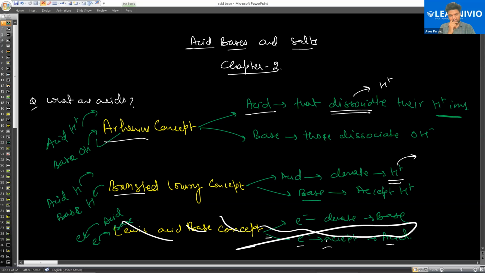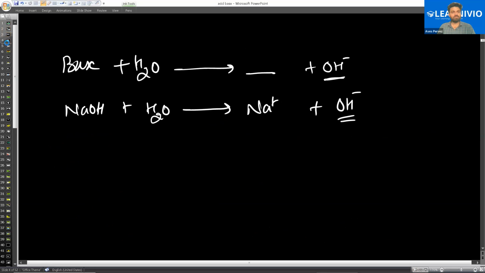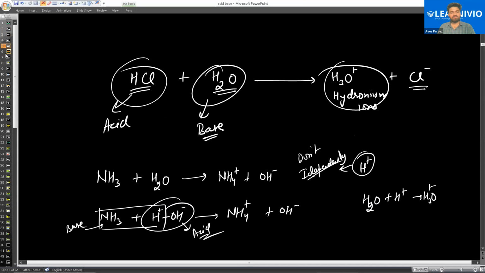Okay, I finished writing. Next. Now, acid when added to water will give you hydronium ion and Cl minus ion. Similarly, if you add NH3, ammonia gas, to water, it forms ammonium ion, NH4 positive.